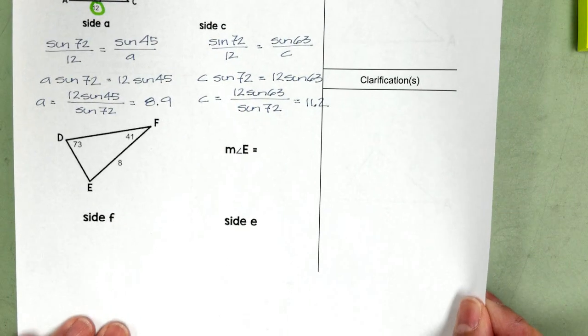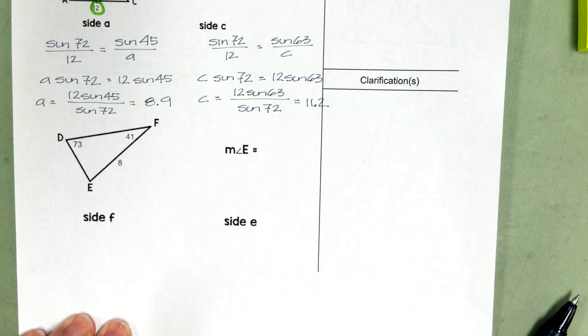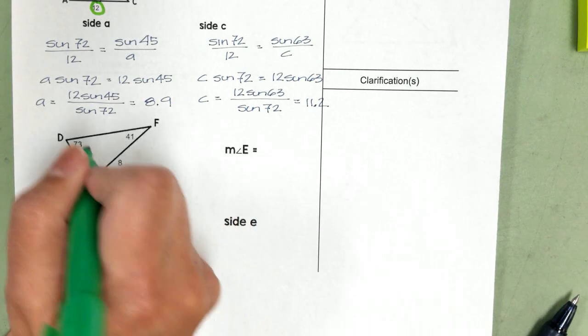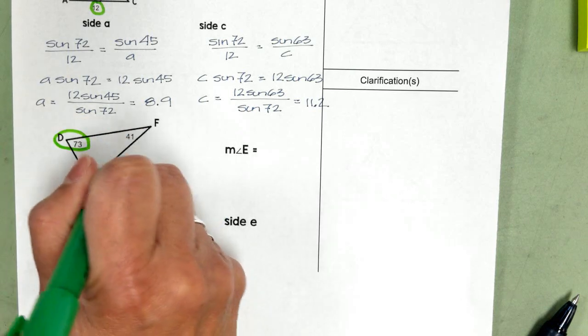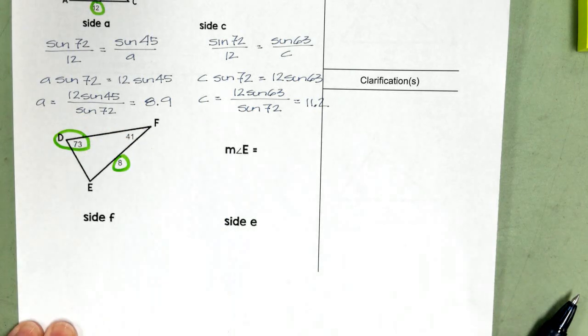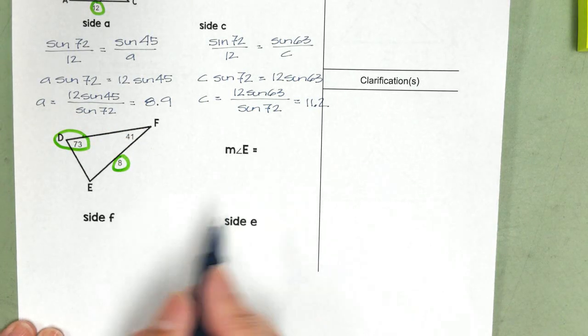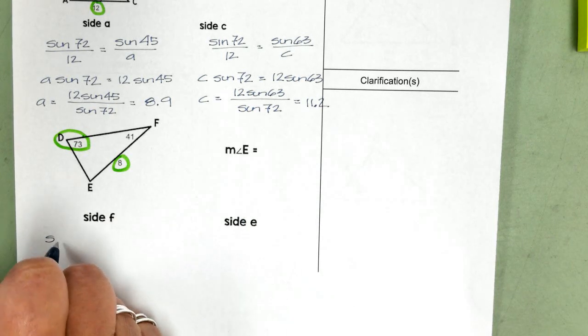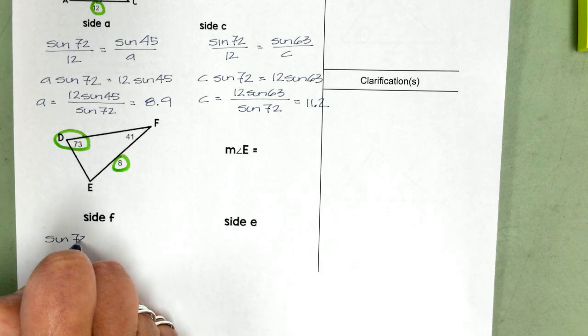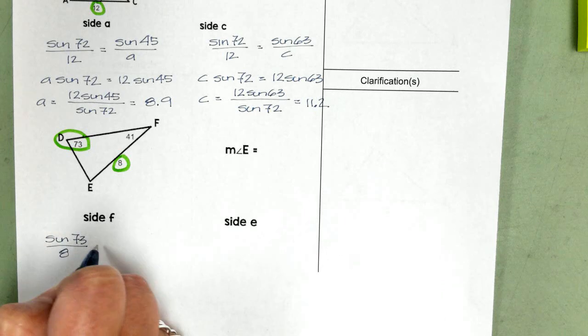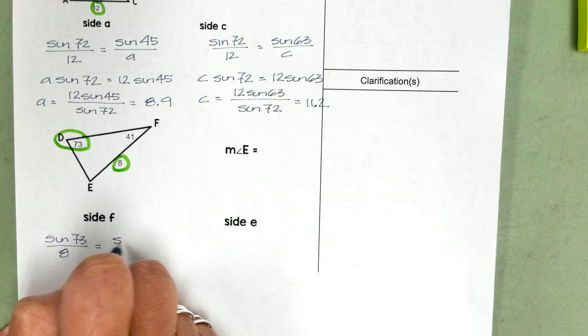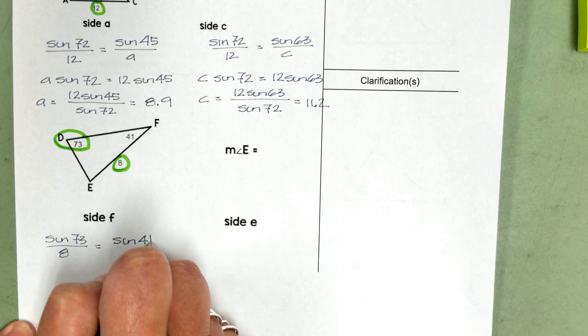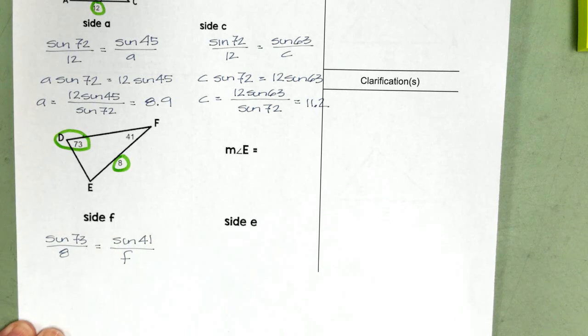All right, moving down to this example here. Again, look for your full ratios. We have angle D and side d. So we can set up our proportions. Sine of 73 over 8 has to equal sine of 41 over lowercase f.